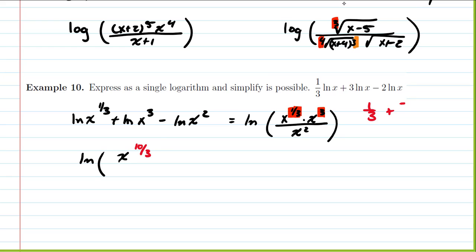1/3 plus 3, we make 3 into a fraction over 1. That gives us 9 plus 1 is 10, so 10/3 all over x squared. But then, we're now dividing two things with the same base, so we subtract. So that gives us 10/3 take away 2 is going to be 4/3.